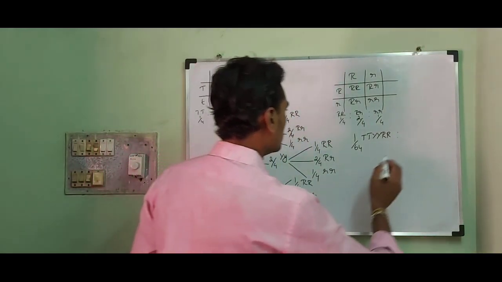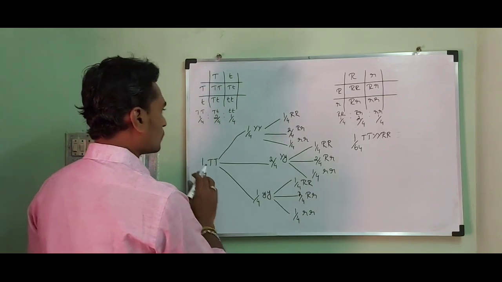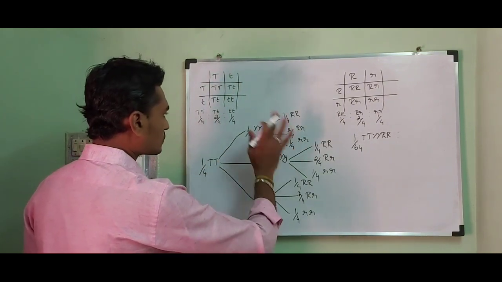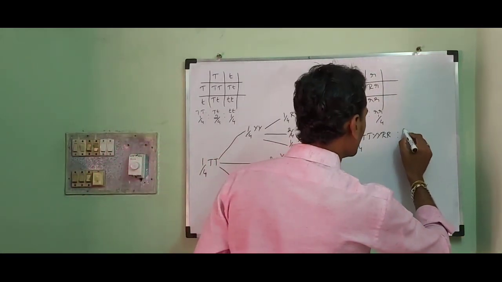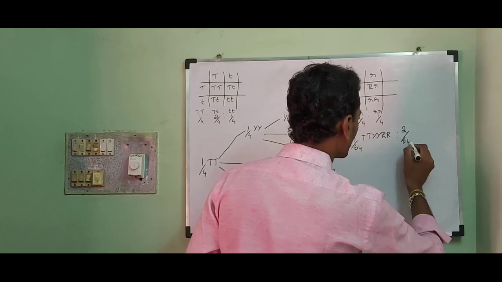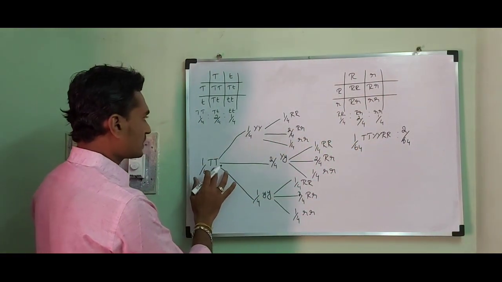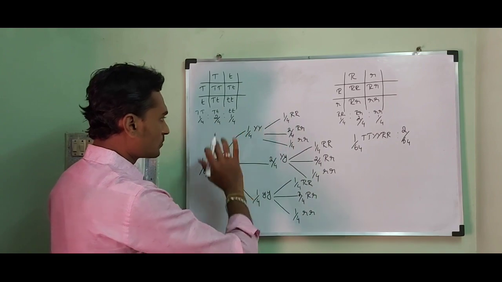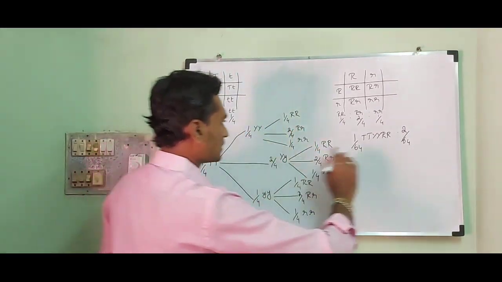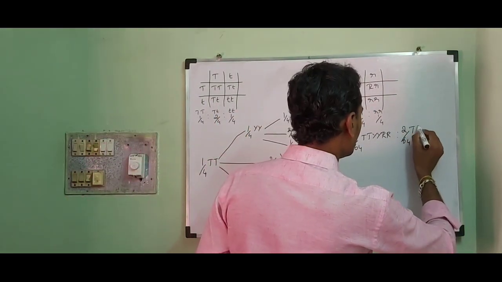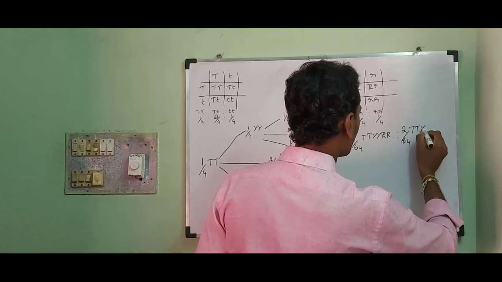So the result is 1 by 4 times 2 by 4, so 2 by 64 capital T capital Y capital R small r.